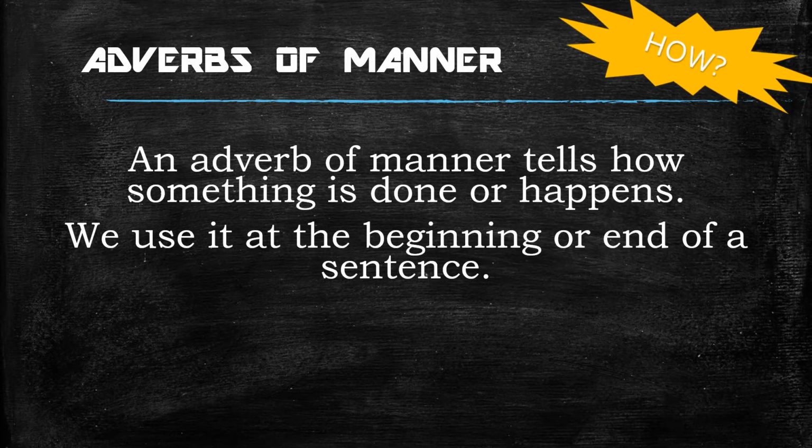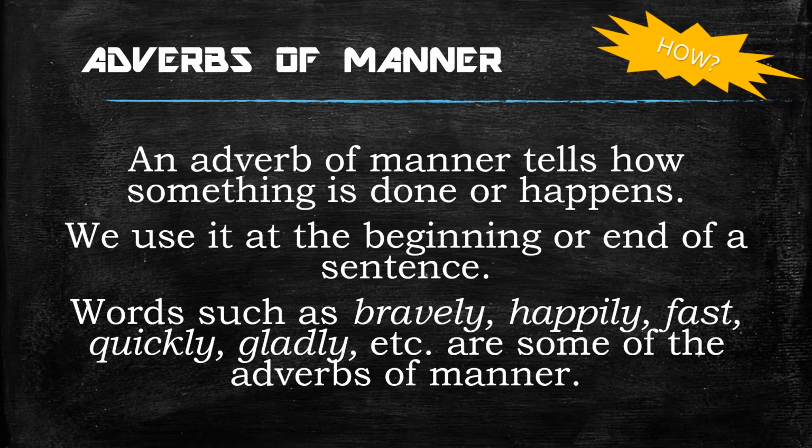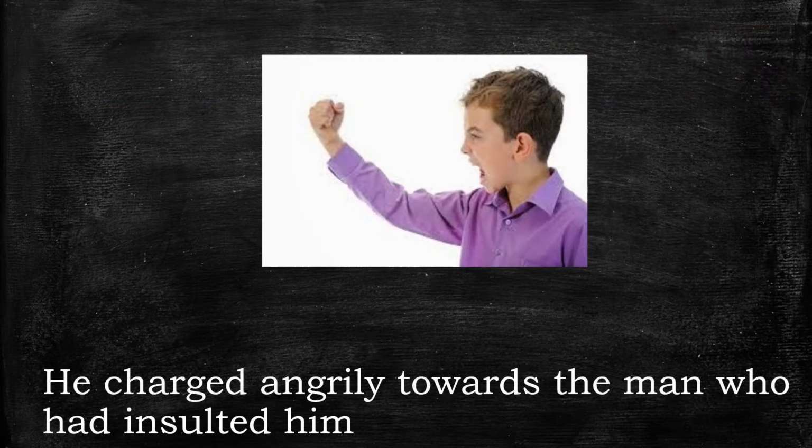We use it at the beginning or end of a sentence. Words such as bravely, happily, fast, quickly, gladly, etc. are some of the adverbs of manner. For example, he charged angrily towards the man who insulted him. Here, in this sentence, we see that angrily is the adverb.